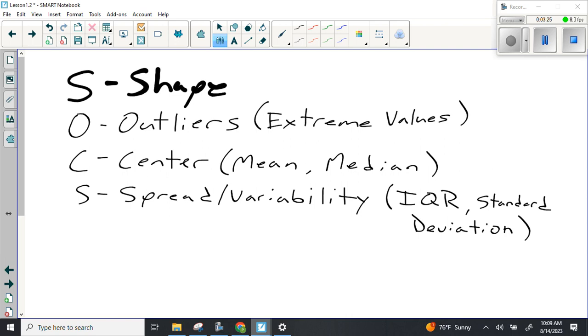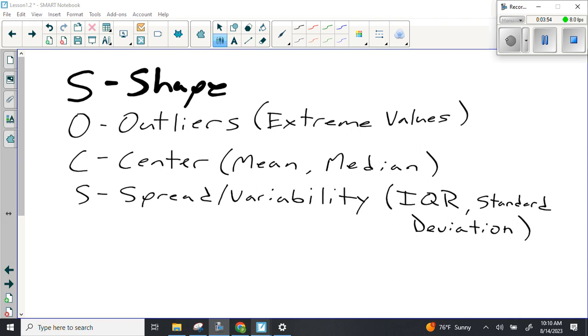It's a very, very important thing. When you're asked to describe the distribution, you have to describe each thing: the shape, whether there are any outliers or extreme values, where the center is by talking about the mean or median, and then spread, variability, with IQR and standard deviation. So it's a good way to remember it. Just don't forget your socks.